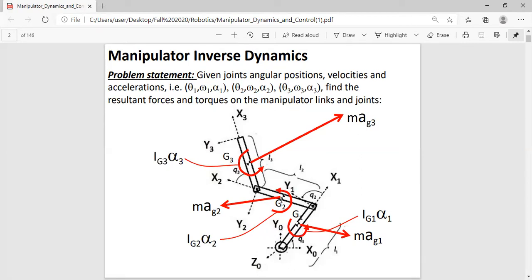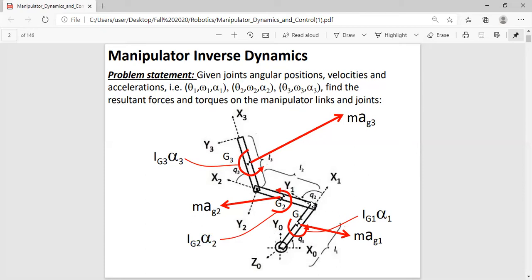On the second link, my free body diagram, or inertial diagram, is going to have m a_G2, where a_G2 is the acceleration of the center of gravity of the second link, and I_G2 alpha 2, where I_G2 is the moment of inertia of the second link about its center of gravity, and alpha 2 is its absolute angular acceleration. So in this case, alpha 2 is equal to theta 2 double dot.